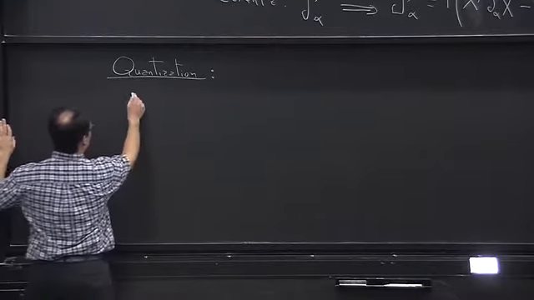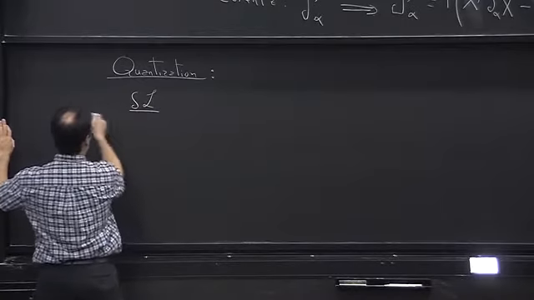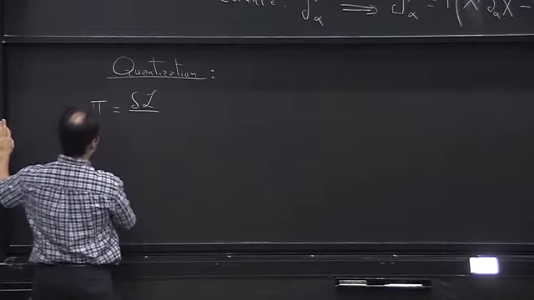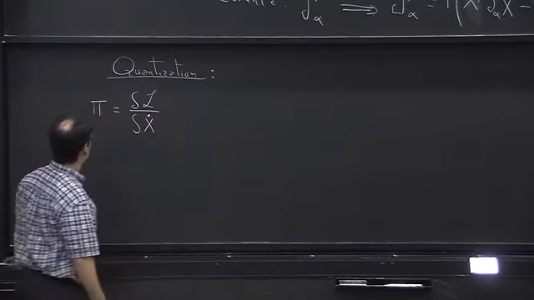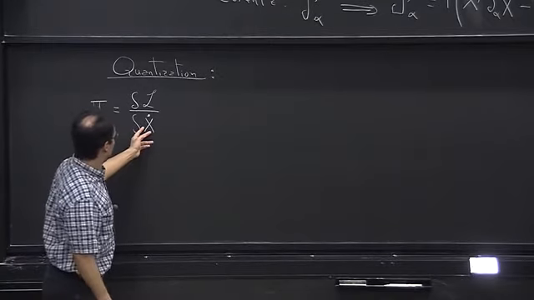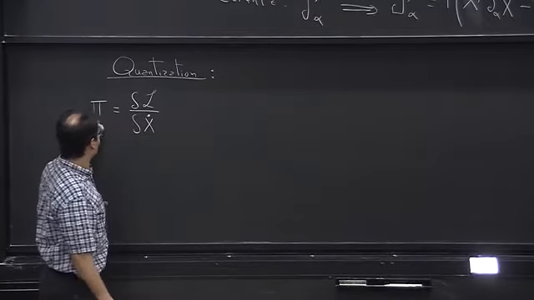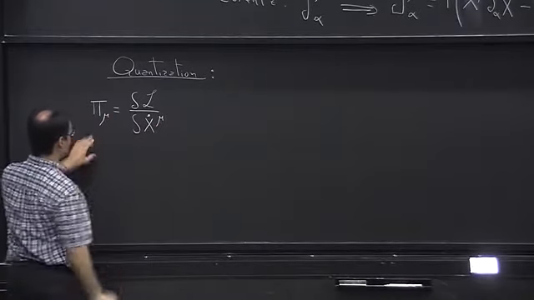So in that case, usually in quantum field theory, we define the momentum conjugate of the field X to be something like this. Now we have many fields, so you will have many indices.